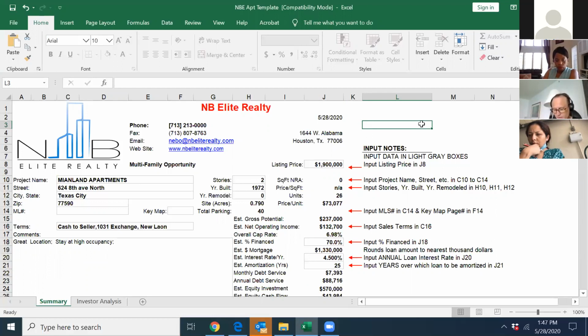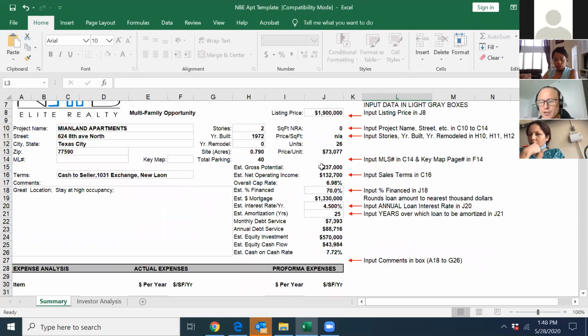Do you understand that? Yes. So you have to think about what the financing is. This is not a big producer property, so the rate is going to be 4.5, 4.75. Let's say 4.5. Amortization 25 years.